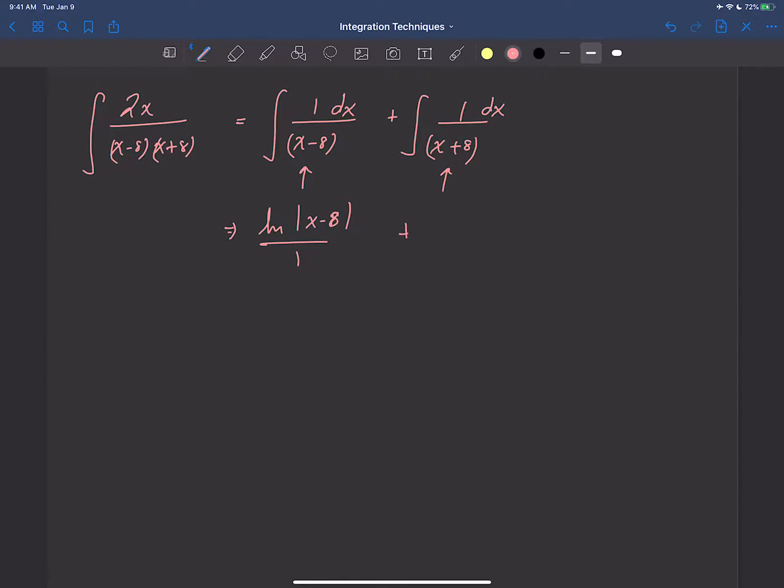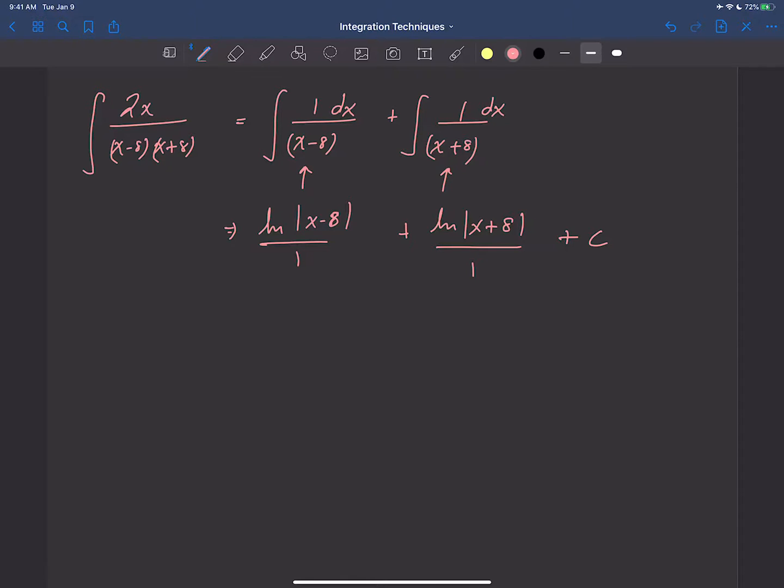And the plus, for that term, you have ln of x plus 8 divided by the derivative of x plus 8, which is 1, plus C. And that's how you write this answer. That's very straightforward, an easy peasy cake.